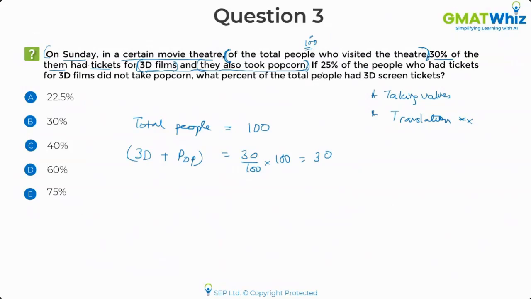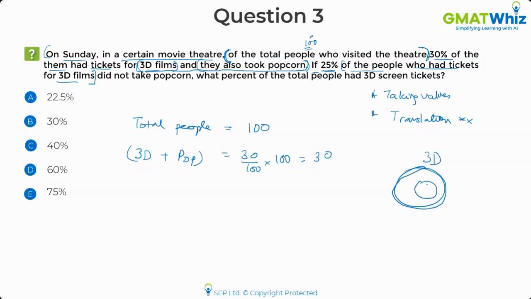Now the next information given is: if 25% of the people who had tickets for 3D films. Notice, of the people who had tickets for 3D films. What is the meaning of this? They are basically trying to say there's a certain number of people who have taken 3D tickets.